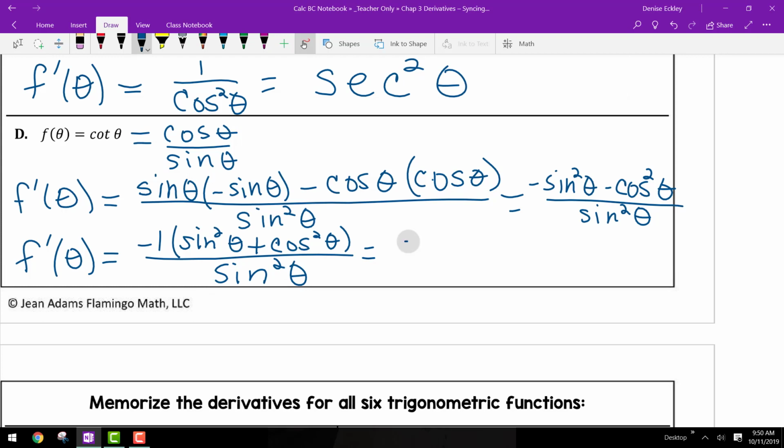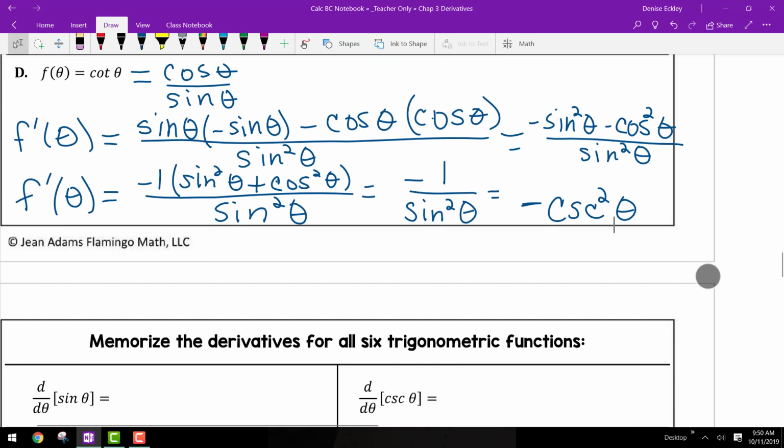So we can simplify this to -1 over sine squared theta, and using the reciprocal identity, this becomes negative cosecant squared theta. So there's where the other trig derivatives come from.